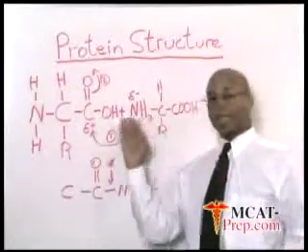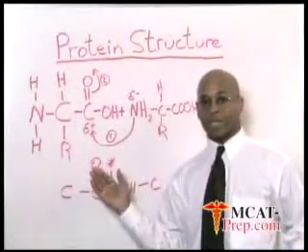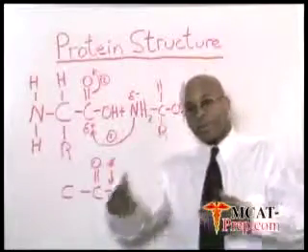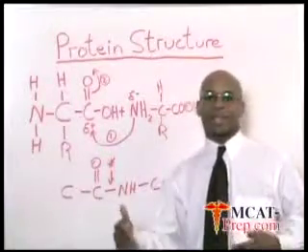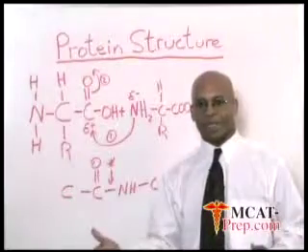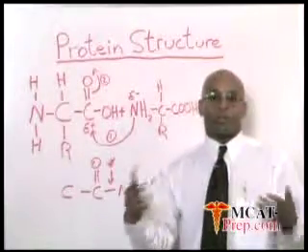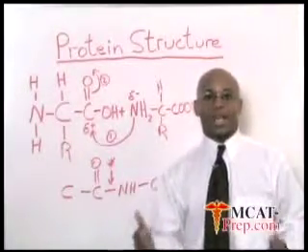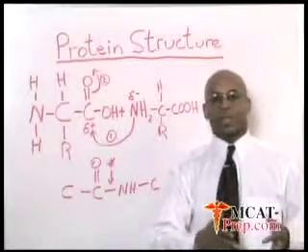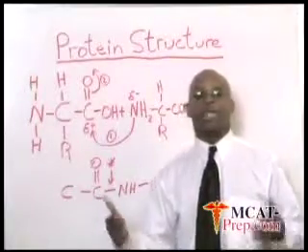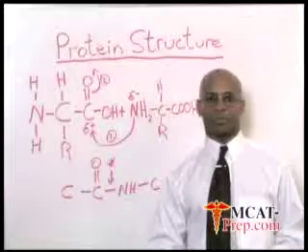So this is how we create a peptide bond. And if you have many peptide bonds, then that's called a polypeptide. And if you have, say, 40 to 1,000 alpha amino acids creating peptide bonds, well, then now we have a protein.